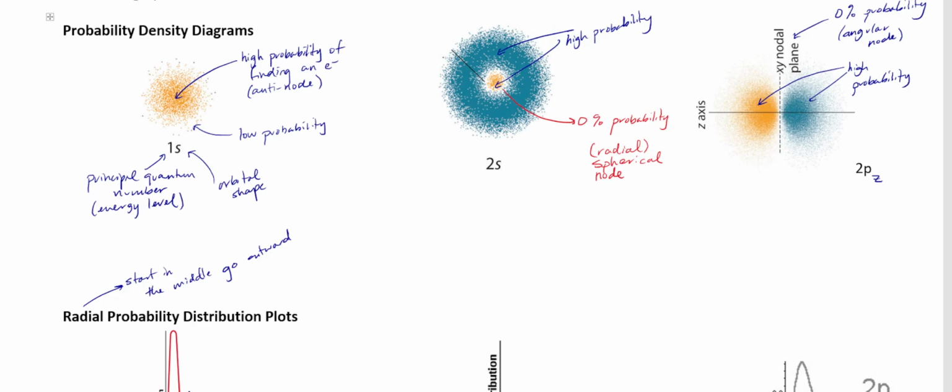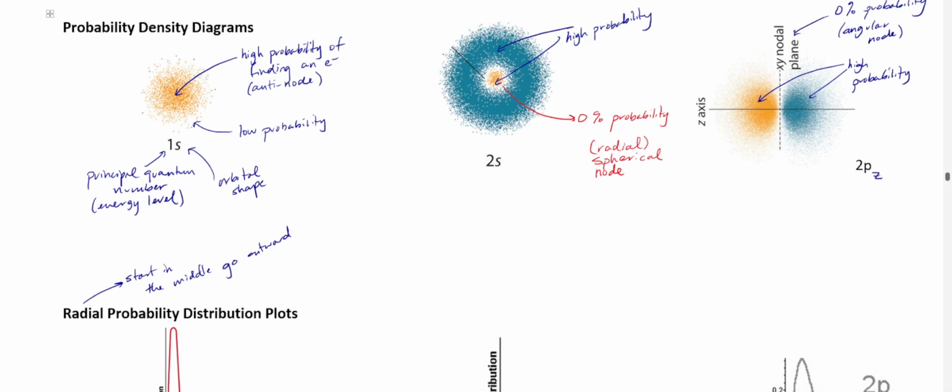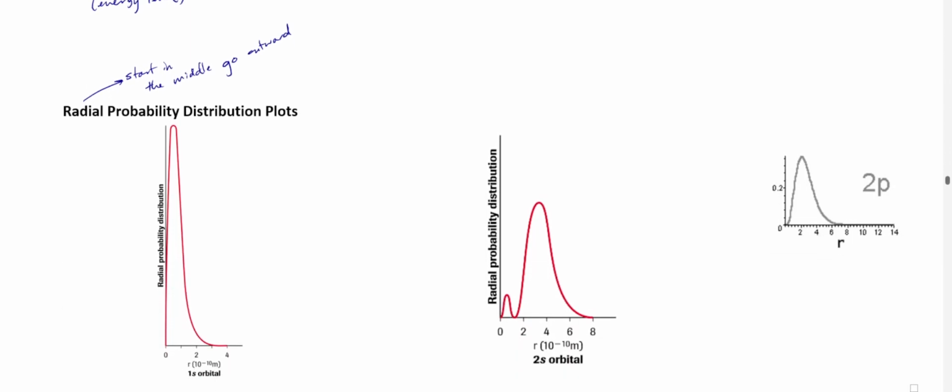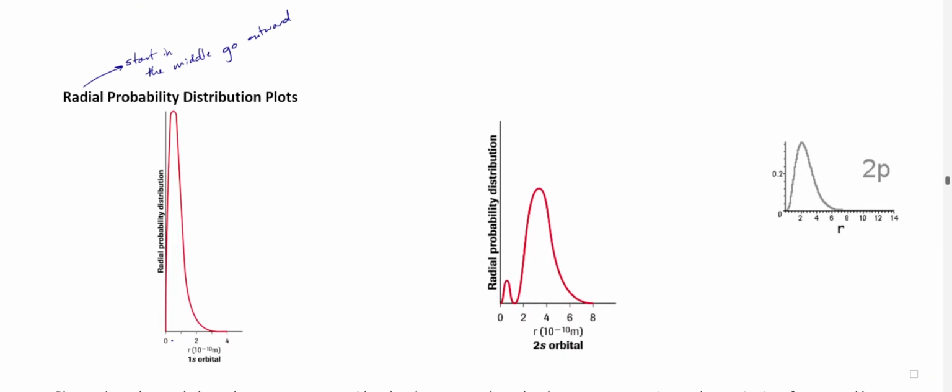Okay. So we can see that this graph aligns with our 1s orbital, and this is the graph for the 1s orbital. If we look, there is a peak or a high chance of probability immediately, and then it tapers off very quickly. That's for the 1s orbital.